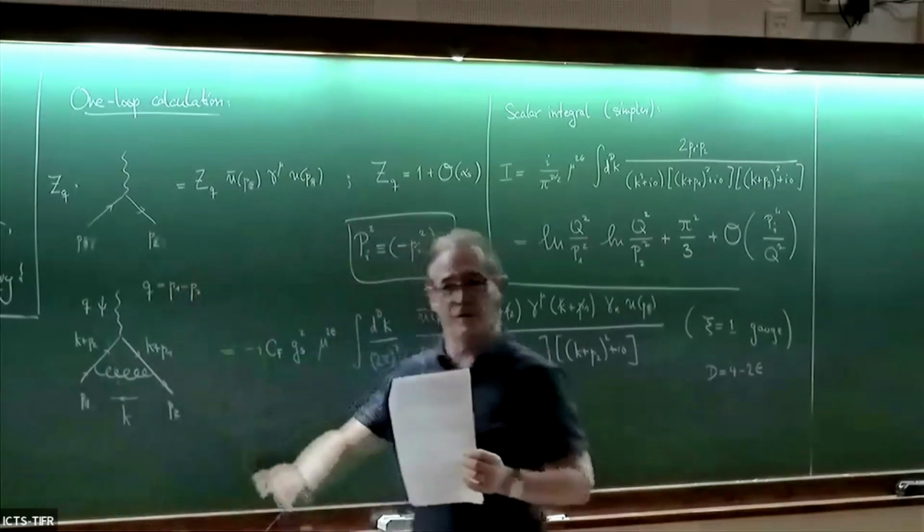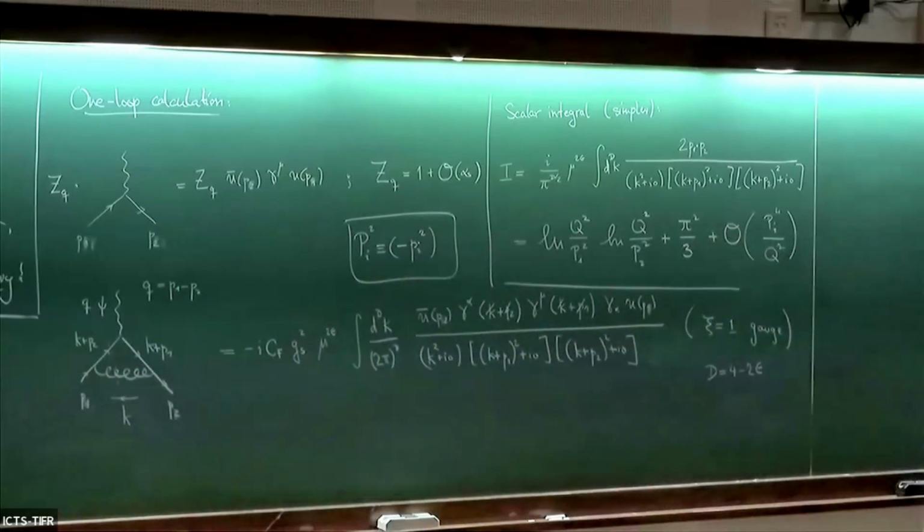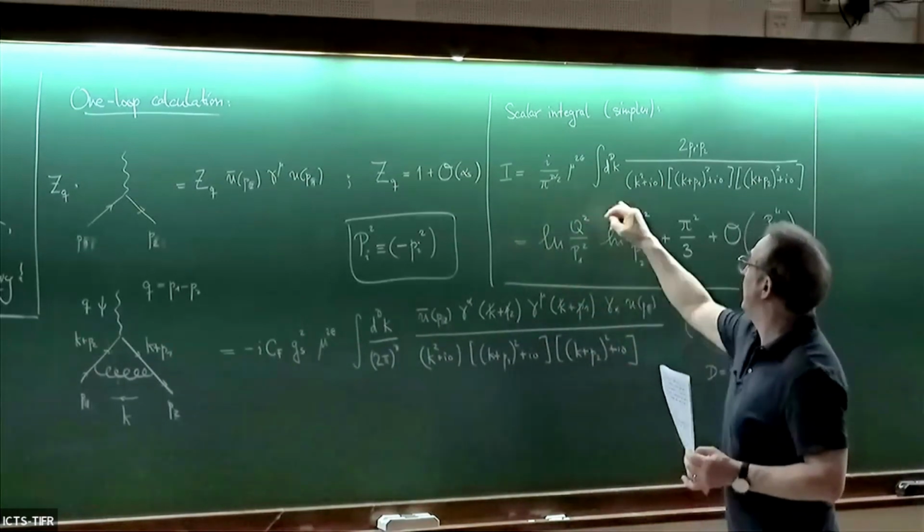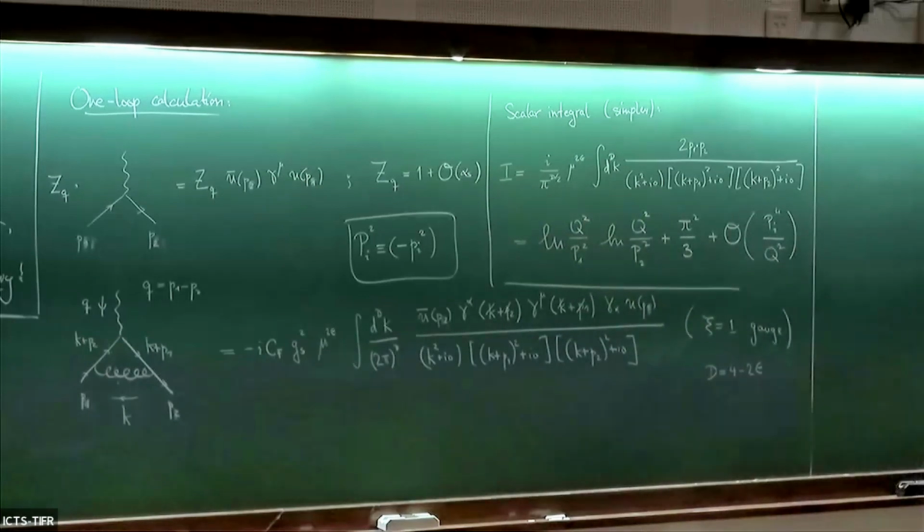I want to make your life as simple as possible, so I pick p square negative, no imaginary parts, and we get this simple answer. But if you want p square positive, then big q square is negative, and then you pick up i pi's from these logs. Still okay, the result is valid also in this case.